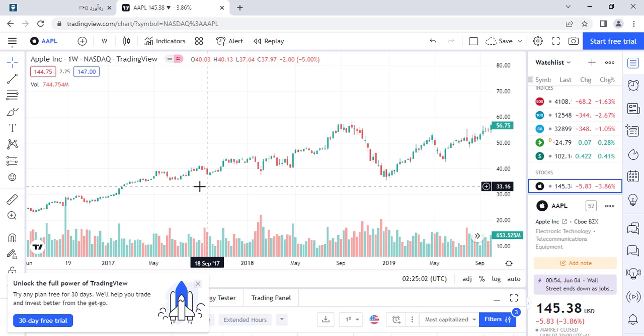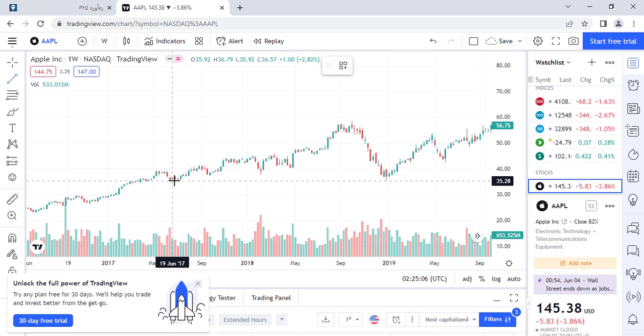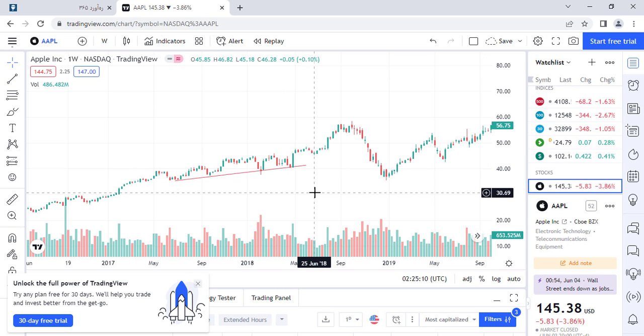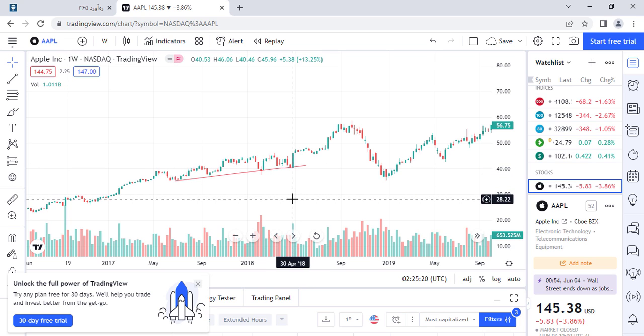Okay, be careful. The place that we see these candles are very important. They are as important as the signal and the power of the candle.